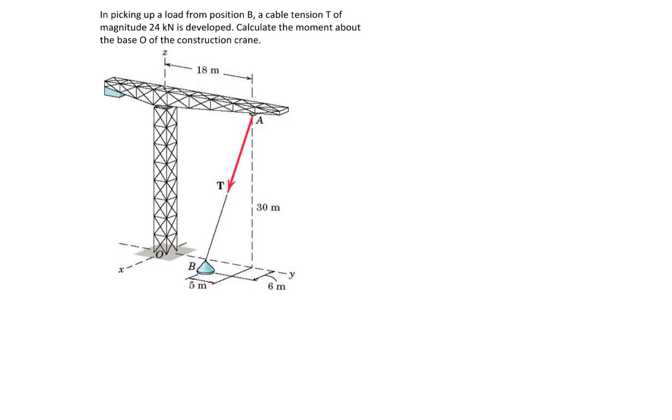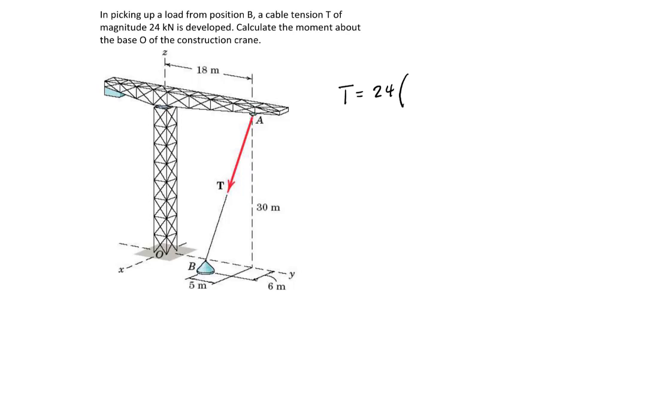So let's first define our forces. What we're going to do is sum the moments about point O, or do our calculation of moment about point O and see what we can find. First we'll define the tension. Tension is equal to 24, and we have to look for some distances here. We know the magnitude is 24, and it's going in this direction.